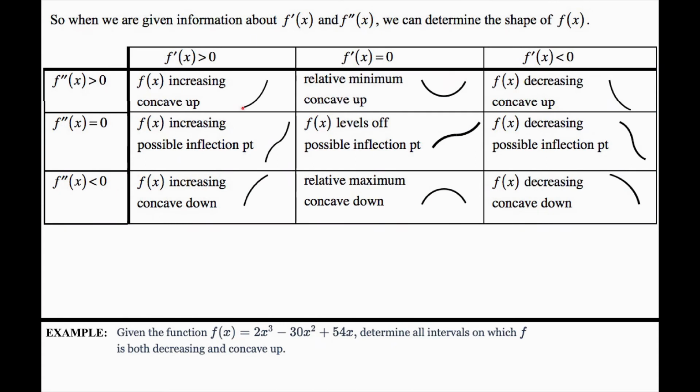Because if something is increasing and concave up, that means the first derivative is positive and the second derivative is positive, right? If you're looking for an inflection point, because sometimes tomorrow I'm going to give you a graph of the first derivative.